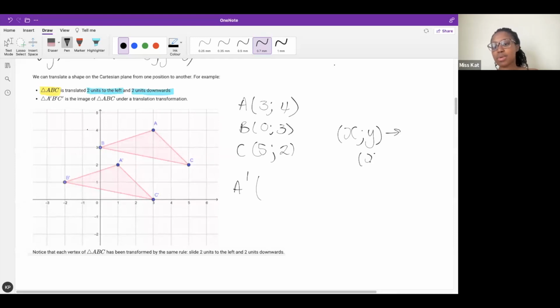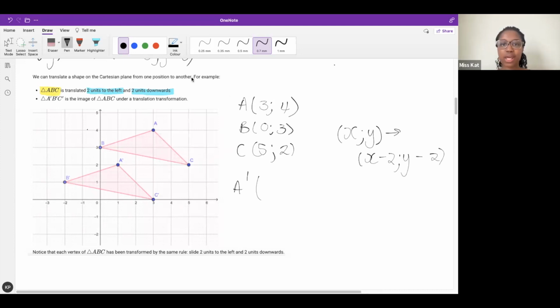We must subtract 2. And for your y, they say 2 units down. Is that addition or subtraction for your y-axis? Thank you. Subtracting 2 as well.